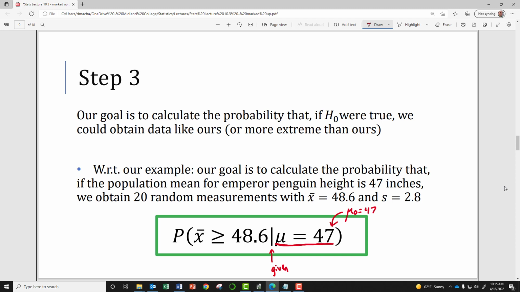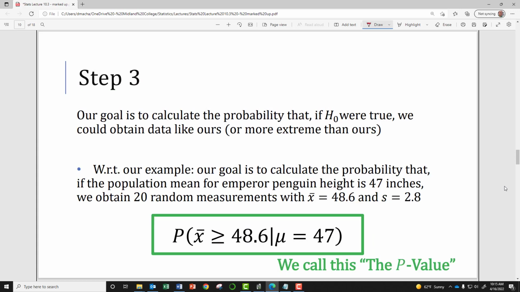That's the boundary between the null hypothesis and the alternative hypothesis. Given that this is true, what's the probability that I could get a sample of 20 random measurements that gives me a calculated sample mean greater than or equal to 48.6, which is the value that we calculated from our sample?